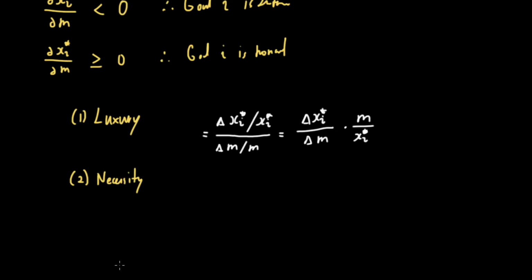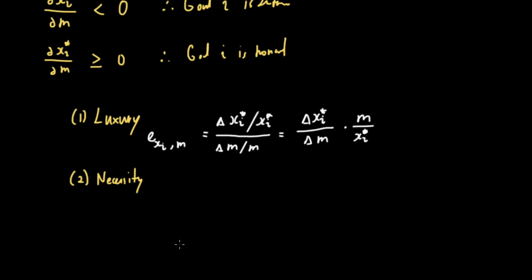And this is what we call our income elasticity of demand. This is denoted by E, which stands for elasticity, x sub i, comma, m. There are many other elasticities that can be tackled in microeconomics. However, in this video, we'll be strictly talking about the income elasticity of demand since we want to know whether a good is a normal good, an inferior good, a luxury good, or a necessity.